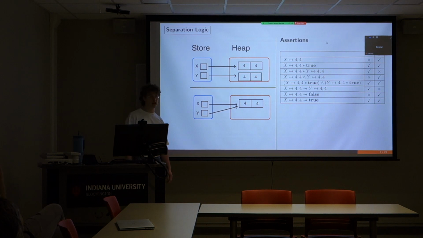In the bottom scenario, this holds because we have a variable x pointing to two consecutive cells, 4 and 4. But in the top scenario, it is not a valid assertion because it does not describe the entire state of the heap. It omits the fact that there is also a variable y pointing to two consecutive cells as well.